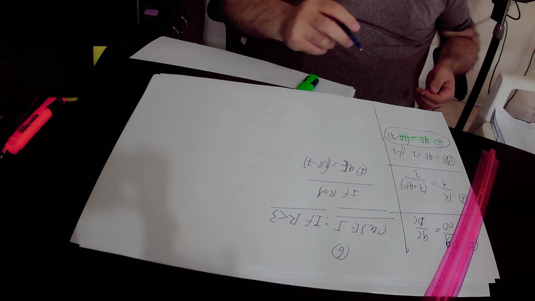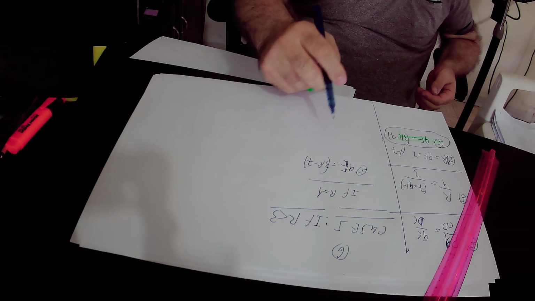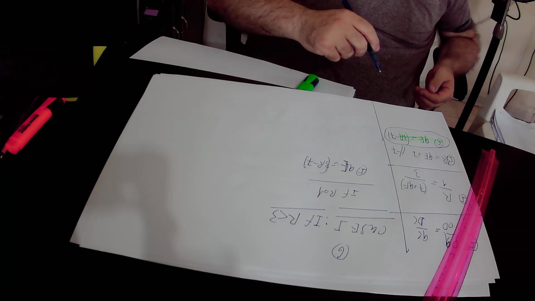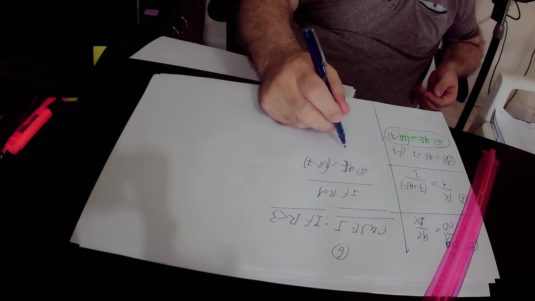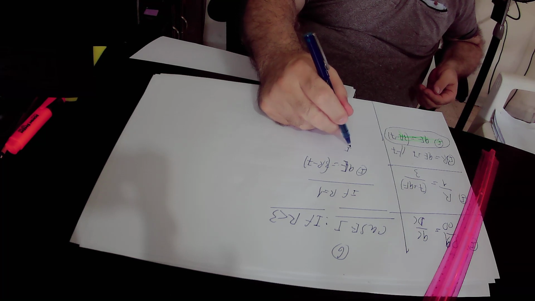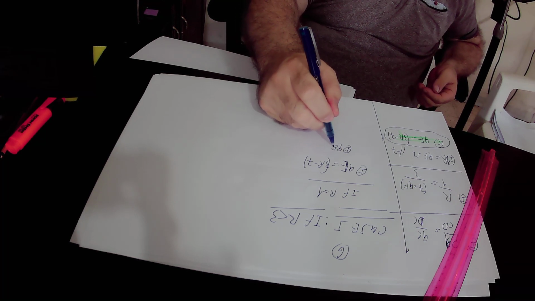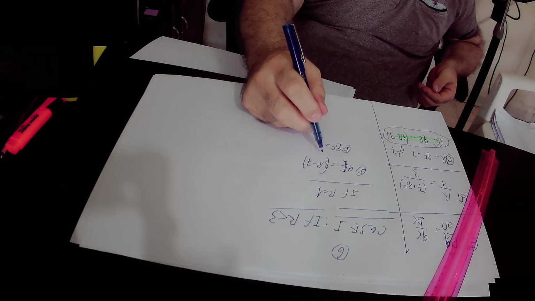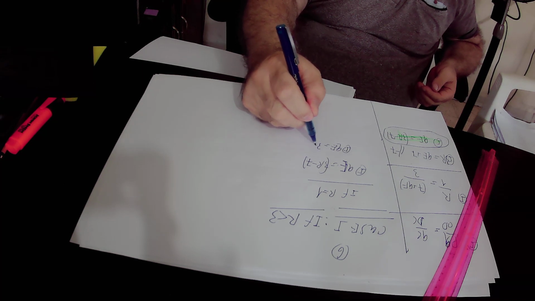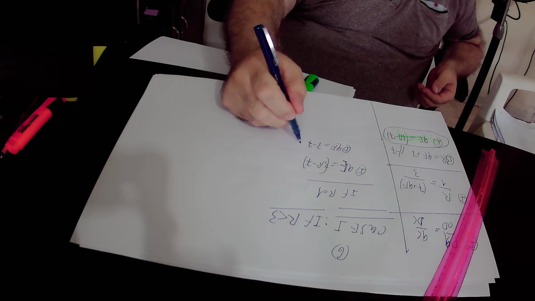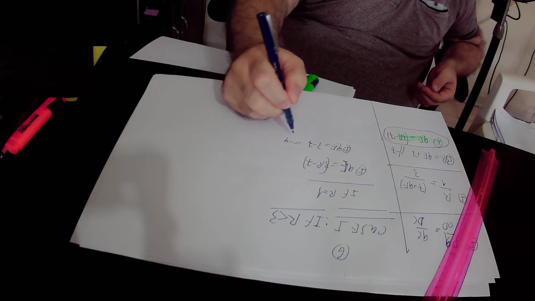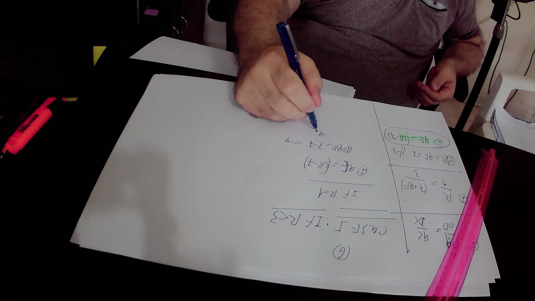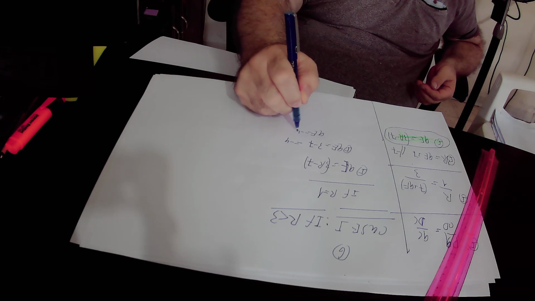We'll substitute R by 1 according to our assumption, and we get that QF is equal to 3 minus 7. 3 minus 7 is minus 4. So we found out that QF is equal to minus 4.